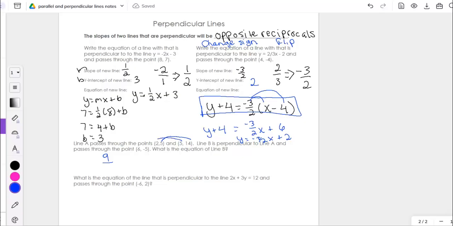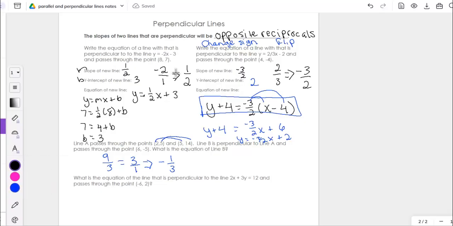And 5 minus 2 is 3. Then so that I can flip it into the opposite reciprocal, I'm going to make it a fraction, opposite sign, and flip, so -1/3.